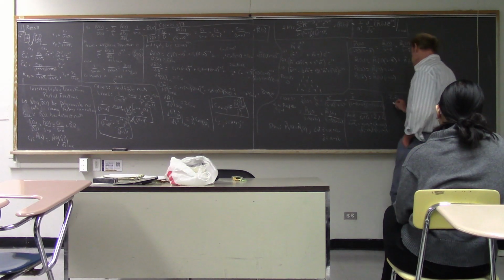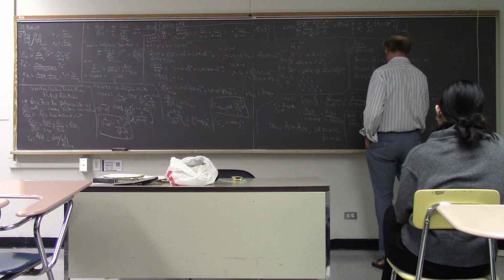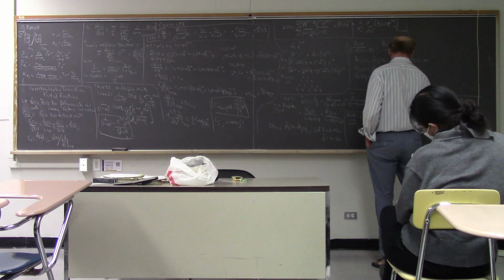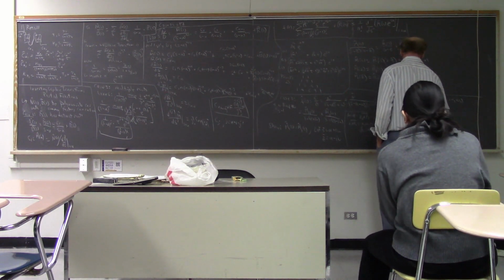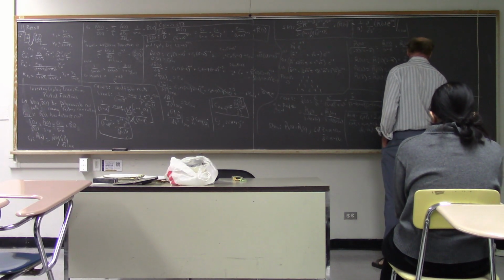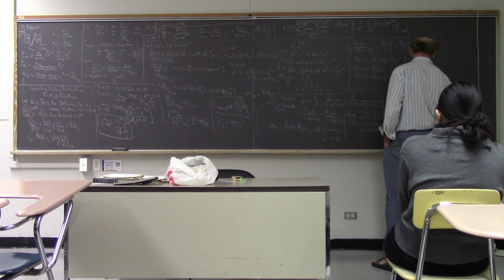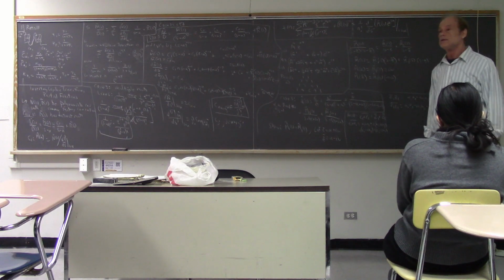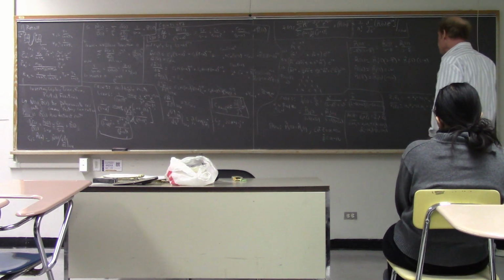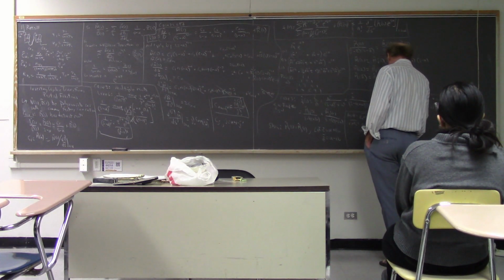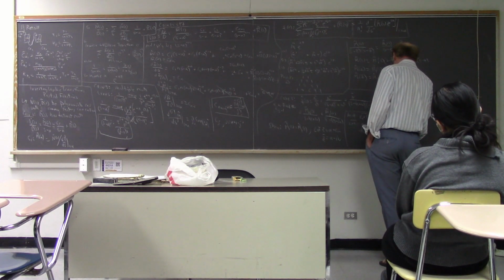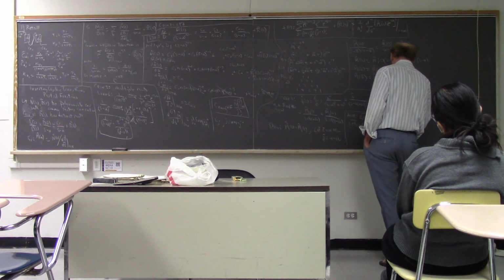Now when I bar it, I get alpha 1 alpha 2 minus omega 1 omega 2 minus i times alpha 1 omega 2 plus alpha 2 omega 1. Now let's compare that with Z1 bar Z2 bar.